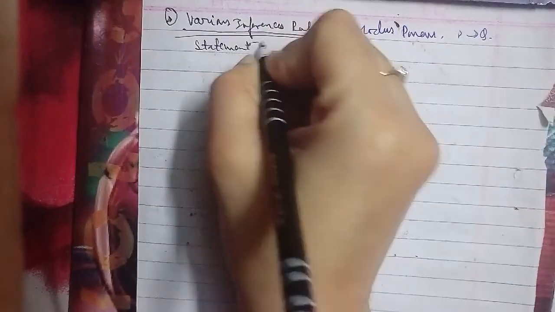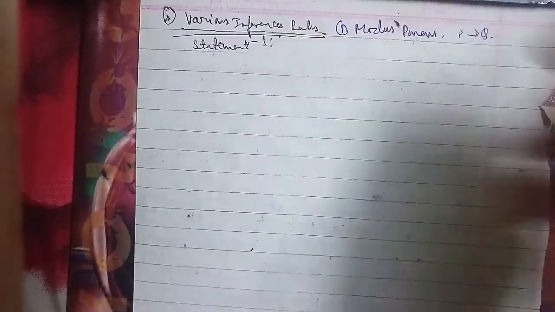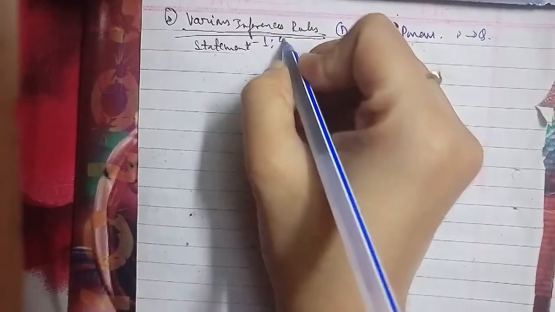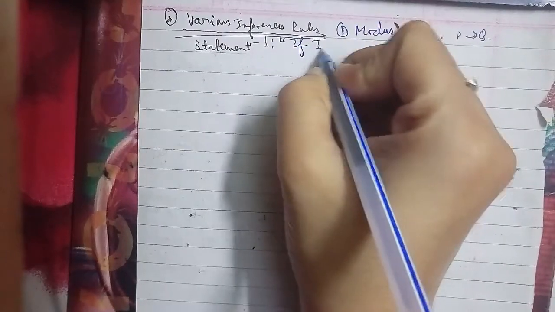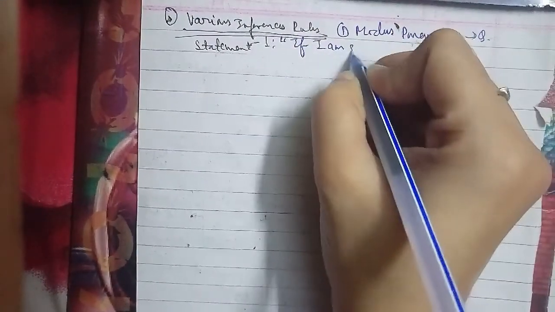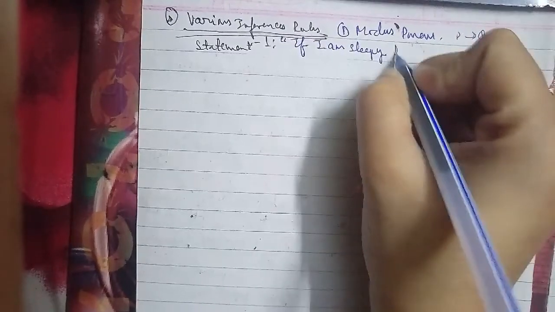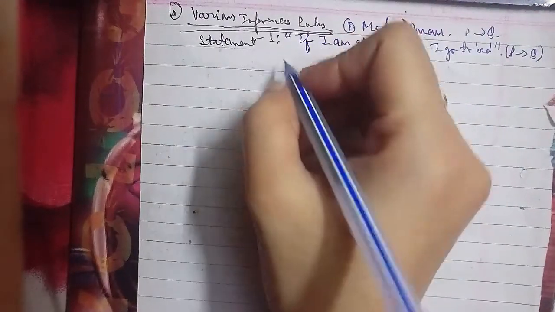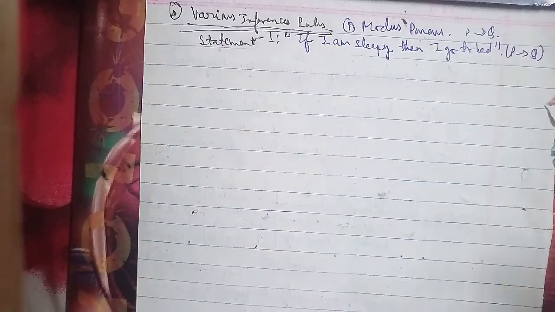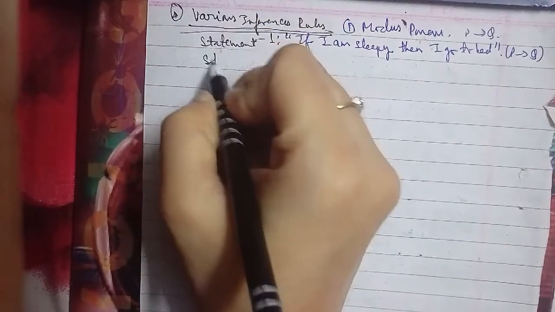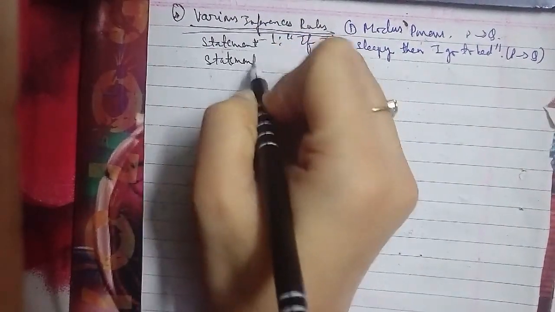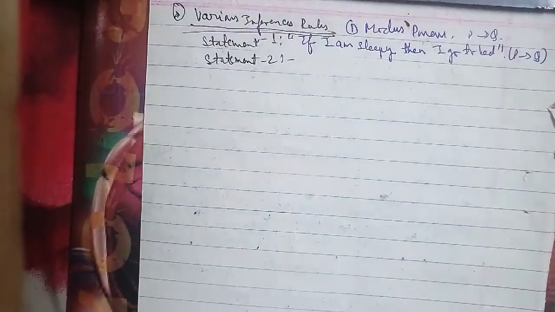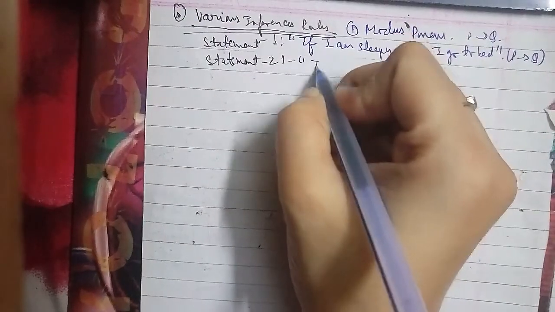Statement 1 is: if I am sleepy then I go to bed. That is P tends to Q. The second statement we have is: I am sleepy.